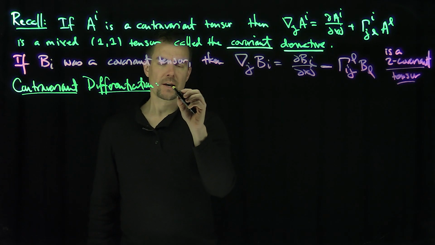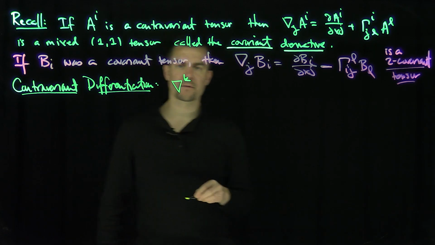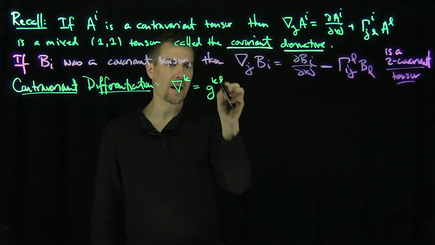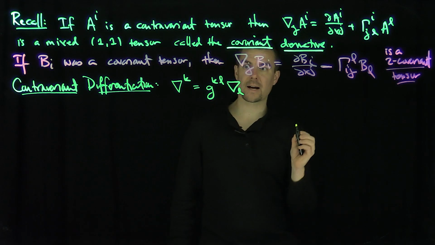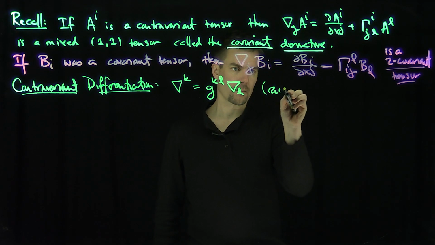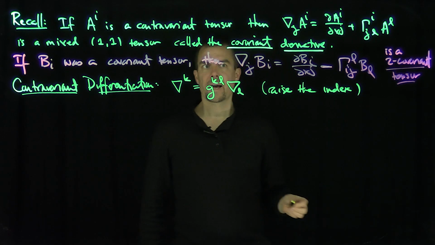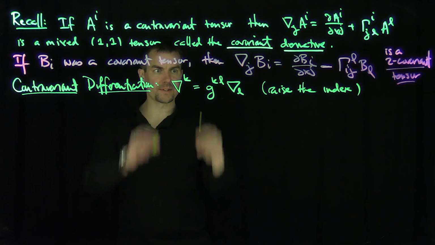So in other words, if I look at this operator over here, contravariant differentiation ∇^k is really just g^{kl} times covariant differentiation, right? So you just raise the index. So it suffices to talk about covariant differentiation, and then otherwise I'll just raise the index over here.